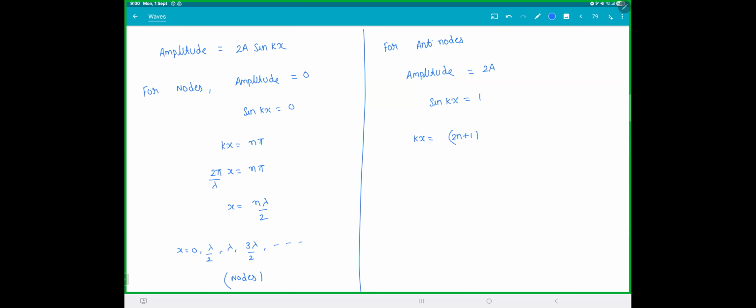So I can write this as kx is equal to n pi plus minus (minus 1) power n pi by 2. This is simply odd multiples of lambda by 4. So here we get positions as lambda by 4, 3 lambda by 4, 5 lambda by 4, and so on. These are exactly between the nodes. And you can see the distance between them is also lambda by 2. The distance between a node and an antinode is lambda by 4.